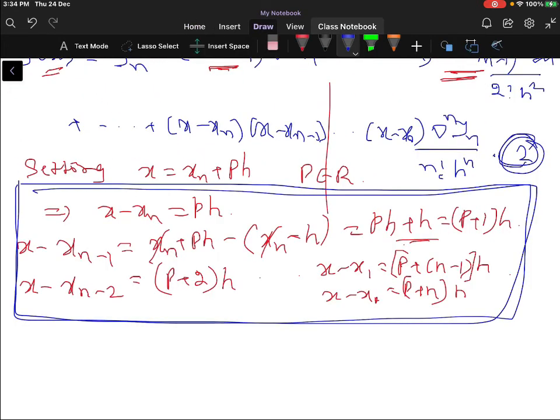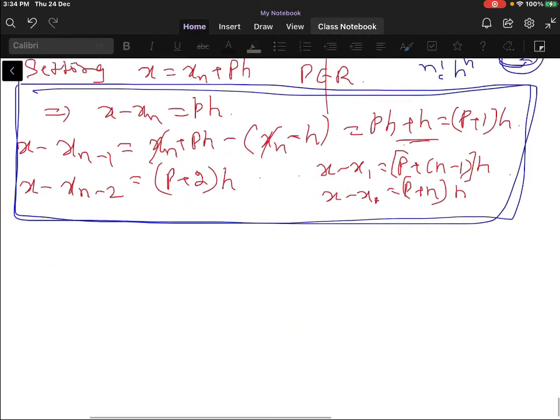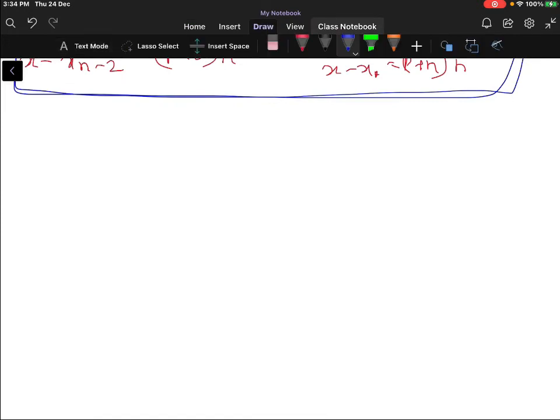Using these relations, equation 2 reduces to y of x is equal to yn plus nabla yn.